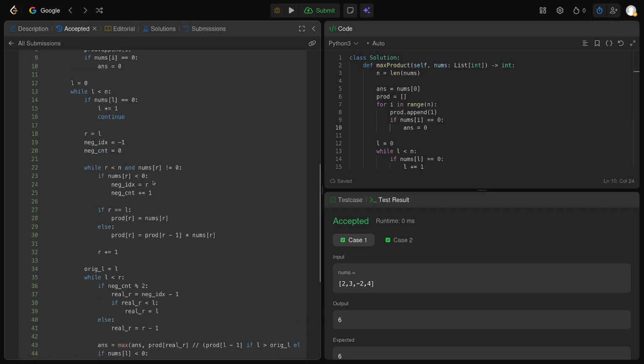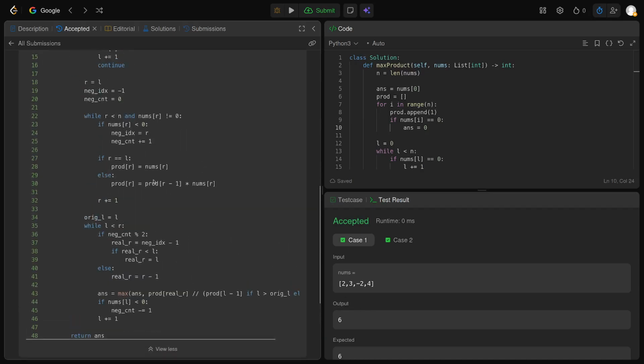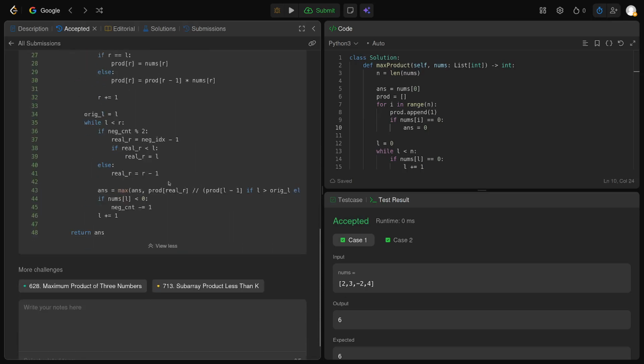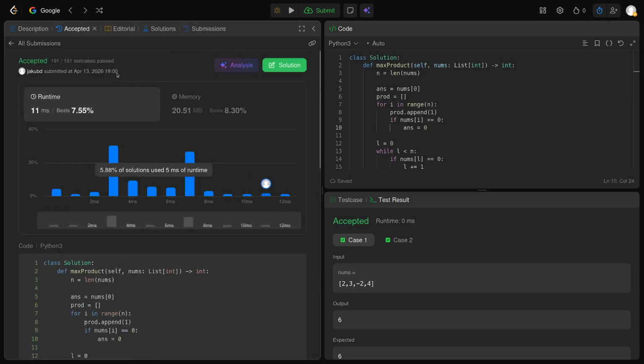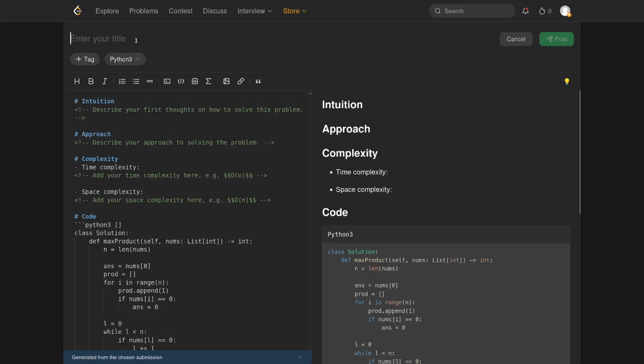So maybe I'm doing too much. It's very likely I'm doing too much. Okay, so guess I can quickly write down the solution.